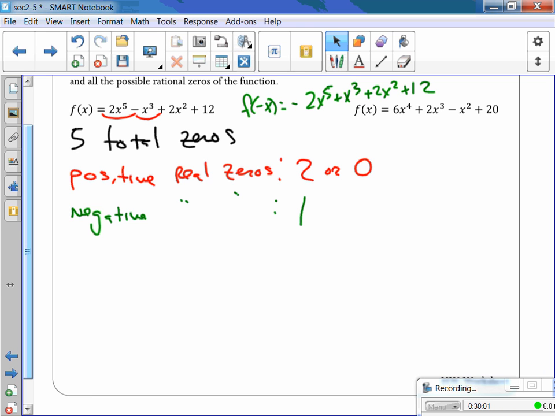What are my possible rational zeros? How do I find that? I take the factors of my constant term divided by factors of the leading coefficient. So factors of 12.